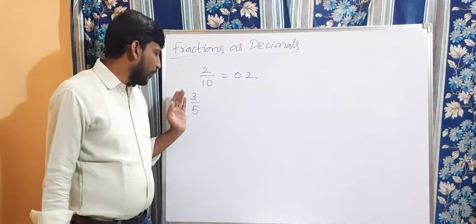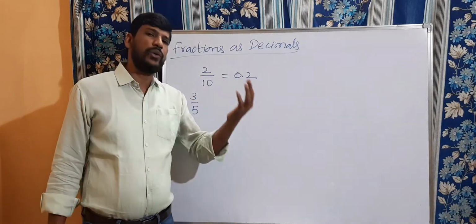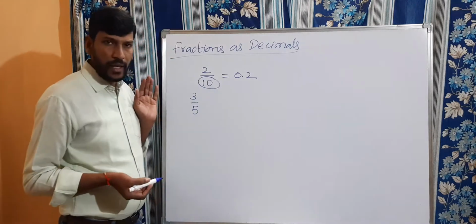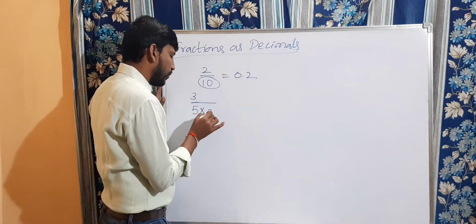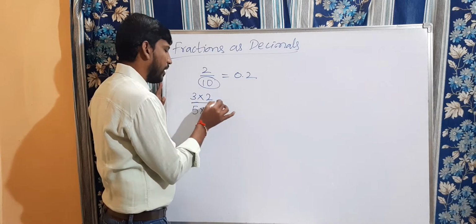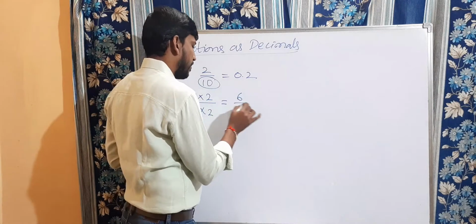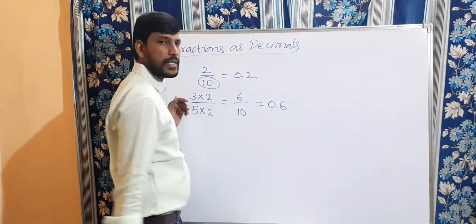To convert into decimal form, the denominator should compulsorily be 10. To make the denominator 10, you multiply by 2 in the denominator, and you should multiply by 2 in the numerator also. This will become 2 threes are 6 by 10, that is 6/10 part, that is 0.6.